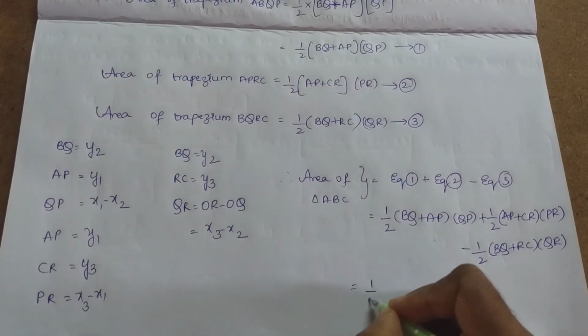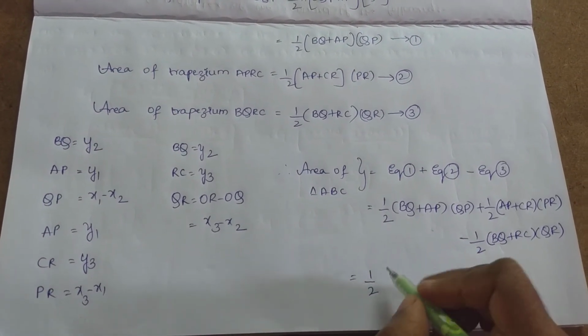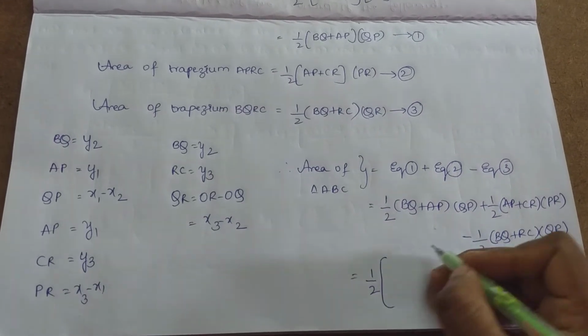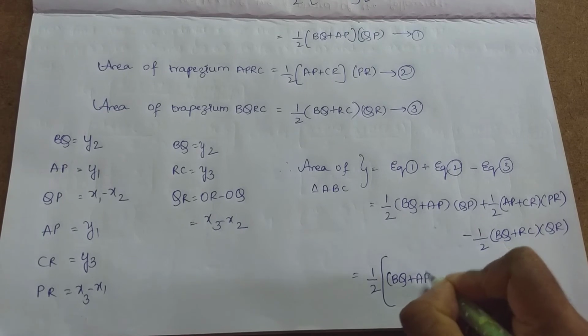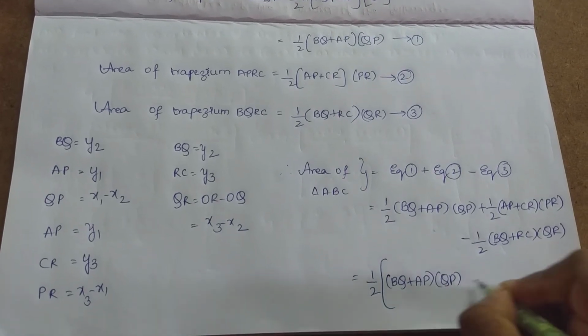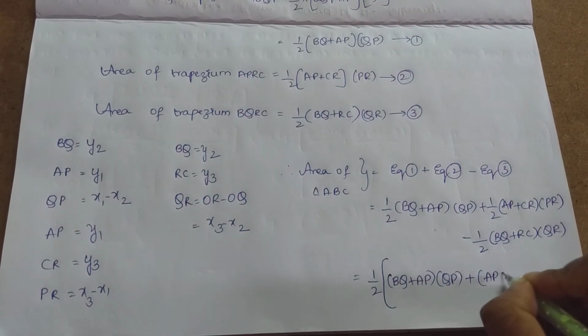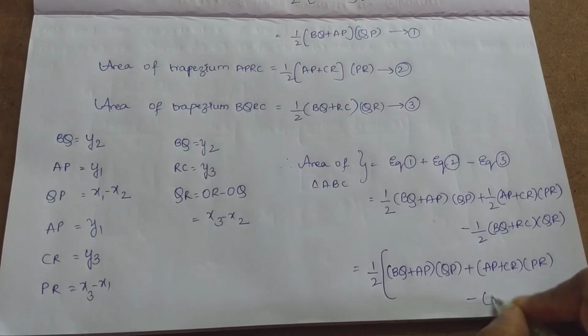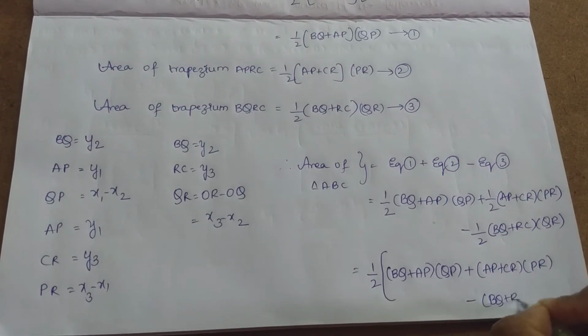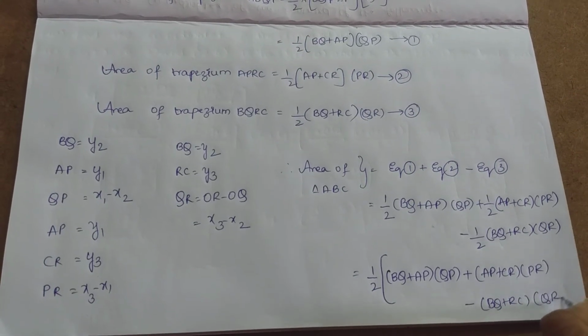So in the next step, I just write whatever was there. I am taking 1 by 2 common. Let's write everything inside the brackets: (BQ plus AP) into QP plus (AP plus CR) into PR minus (BQ plus RC) into QR.